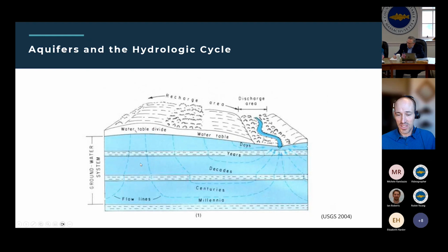On Cape Cod, the groundwater travel times can range anywhere from several months to approaching 100 years, so almost on that century time scale, just depending on the location you're looking at and where it's discharging to. So just to give everyone a sense of what types of time scales and the speed at which groundwater flows.